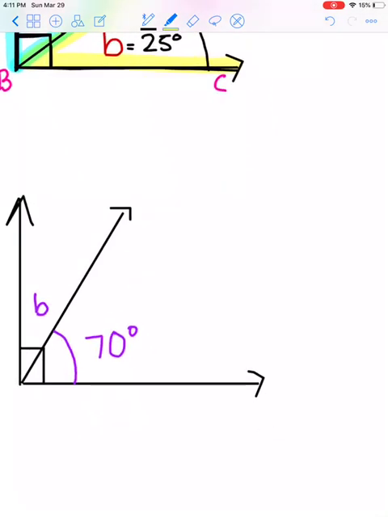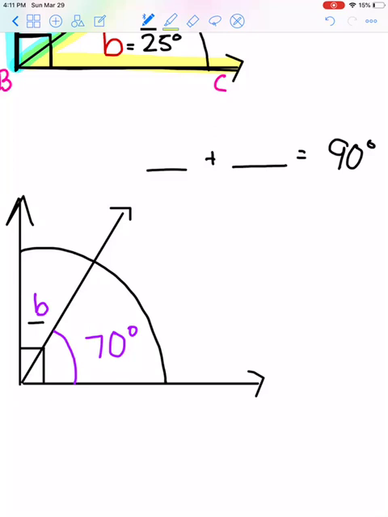Okay, let's look at the next problem. Right away, I know that this is a right angle. So we have two angles inside, and it's going to equal 90 degrees. So from here to here equals 90 degrees. I don't know what this angle measure is, so I'm going to leave it as B. I do know what this angle measure is, and it's 70. So you could either leave it as an addition problem, or you could turn it into a subtraction problem. 90 degrees minus 70 degrees equals 20 degrees.